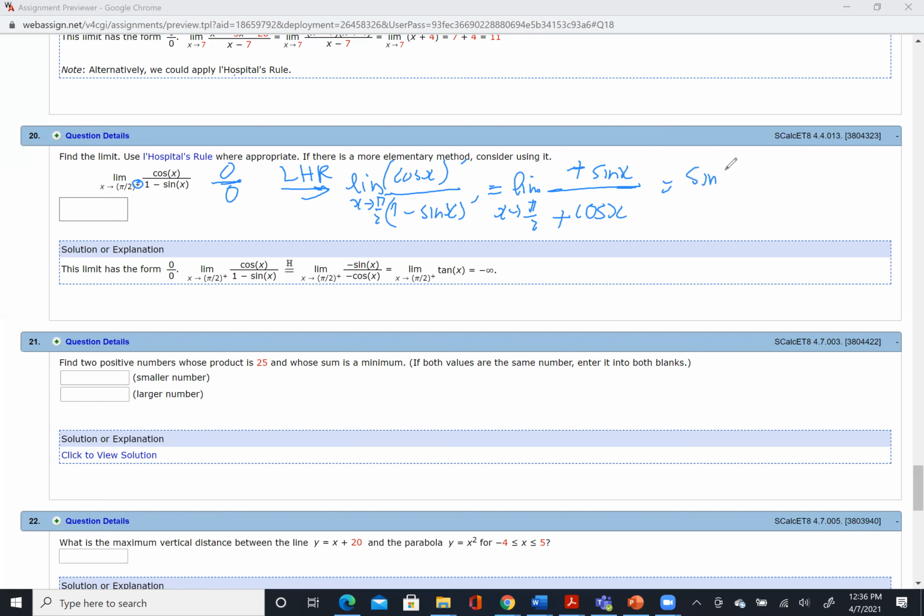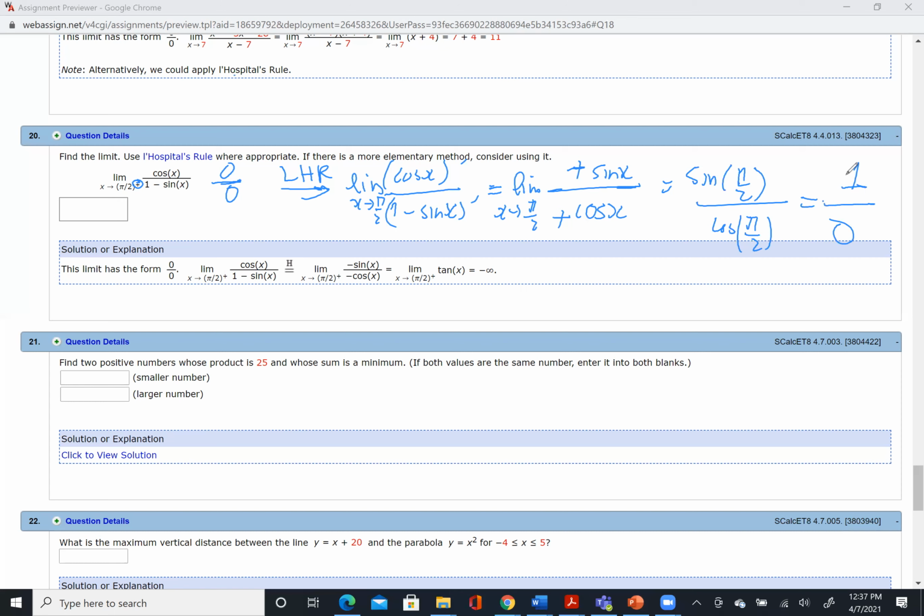You have sine of pi over 2 divided by cosine of pi over 2. Cosine of pi over 2 is 0, but sine pi over 2 equals 1.